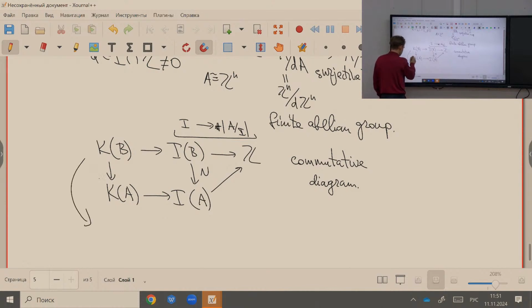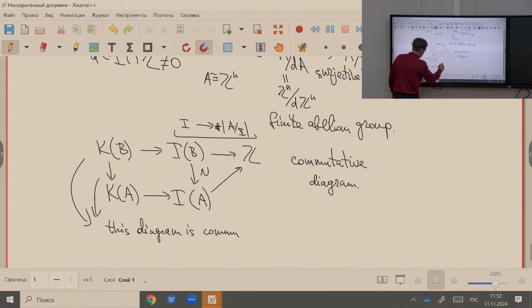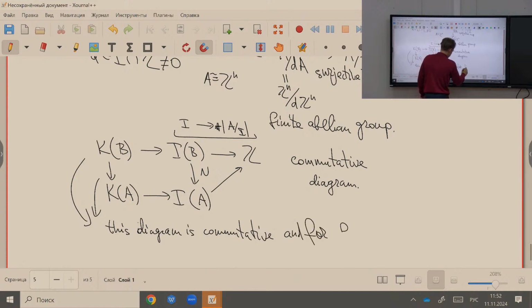So the reason is that this diagram is commutative, for finite modules and for finite abelian groups, finite modules that are finite abelian groups.